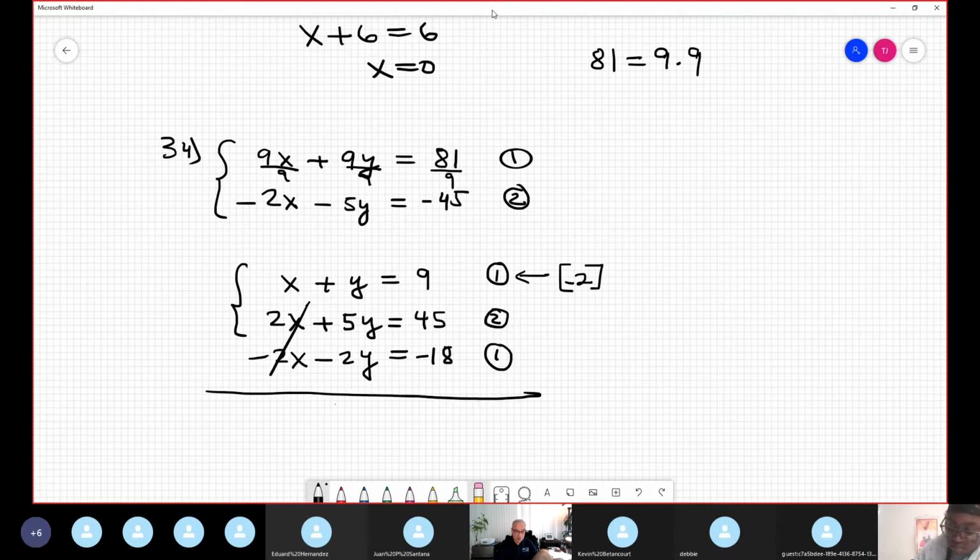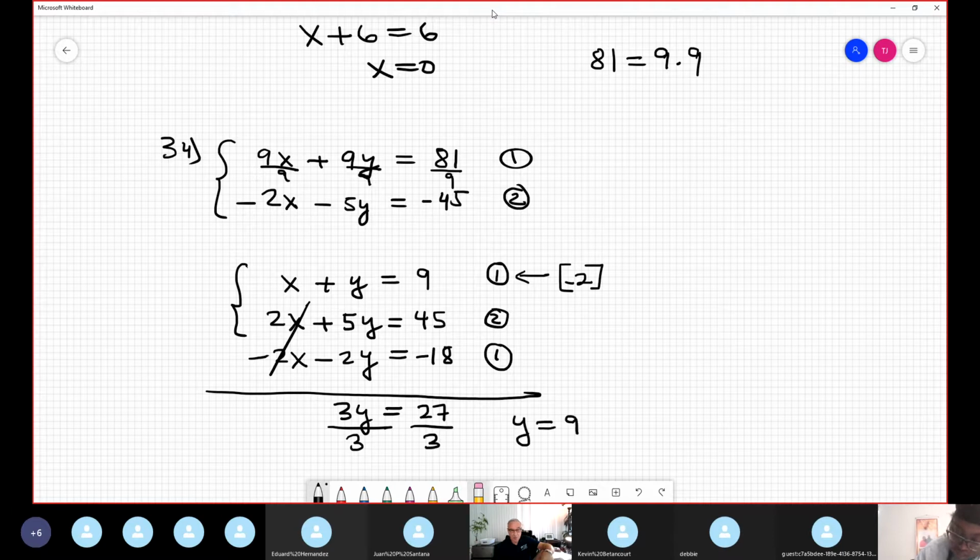Cancel out. 3y equals something. 45 minus 18. I put it in my calculator. 45 minus 18 is 27. And 27, when you divide by 3, is 9.